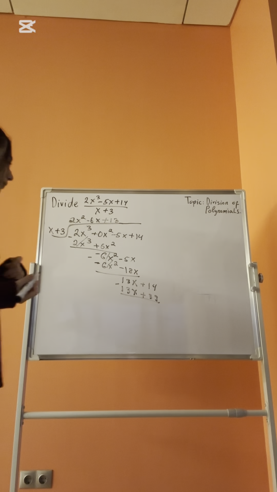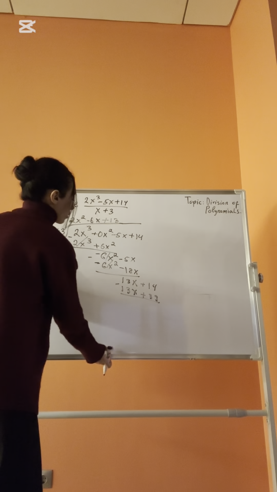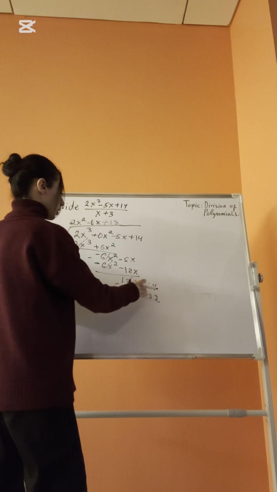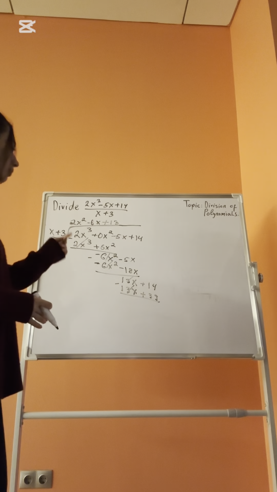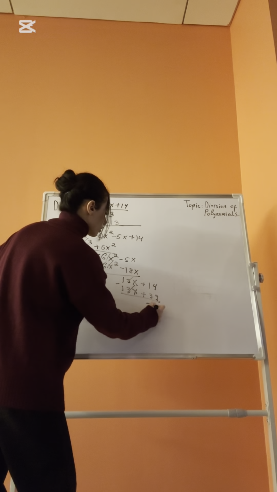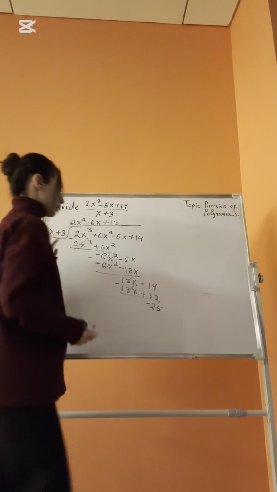And here they get cancelled out, 0, and here we have 14 minus 39, we're gonna have minus 25 as an answer.